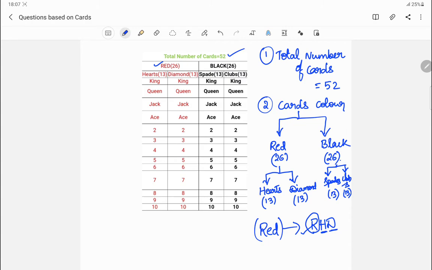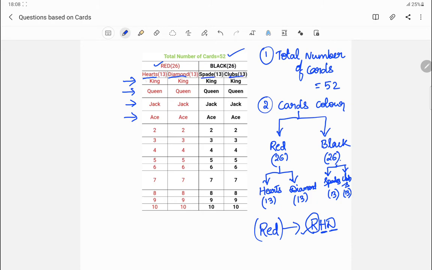Now, as you can see in this table, there are 4 kings, 4 queens, 4 jacks and 4 aces. Each one, that is king, queen, jack and ace, comes under hearts, diamonds, spades and clubs.